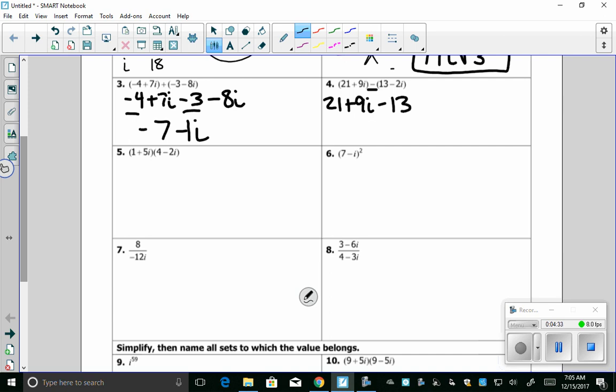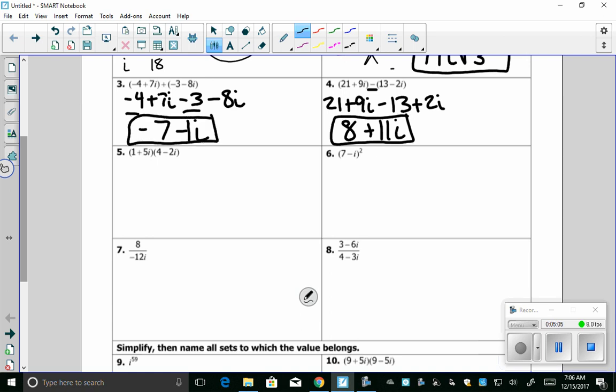A negative 1 times a negative 2i gives me a positive 2i. Combine like terms. 21 minus 13 is 8. And 9i plus 2i gives me positive 11i. So that is my answer for this one.